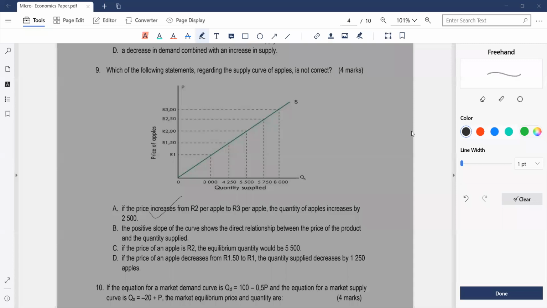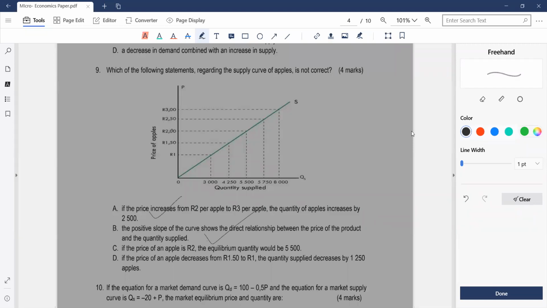The demand curve shows the inverse relationship. So B is right. Let's go to C. If the price of an apple is 2 rand, the equilibrium quantity would be 5,500.